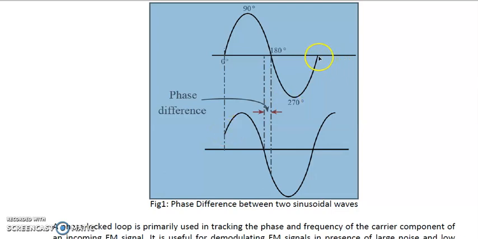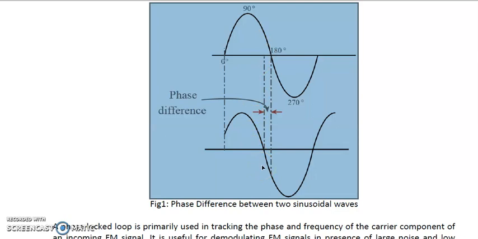Maybe they end at the same point, but it needs some more time to start, and that's why the second wave has more time period. It means the second wave frequency is lower than the earlier one. The earlier one has higher frequency compared to the second one.